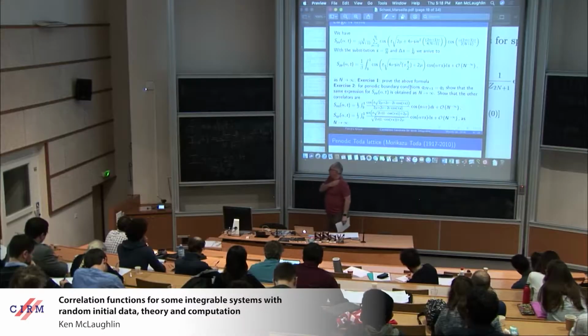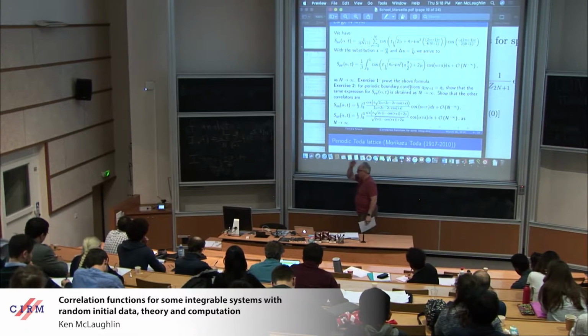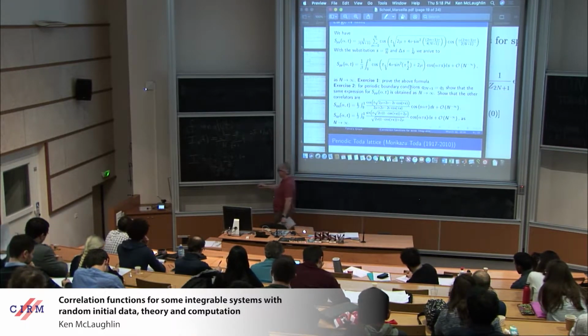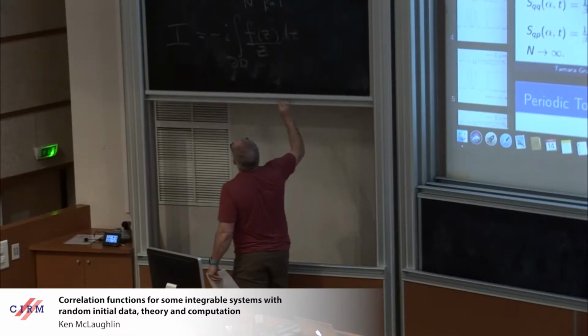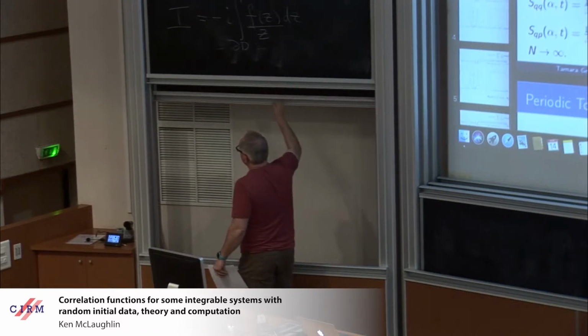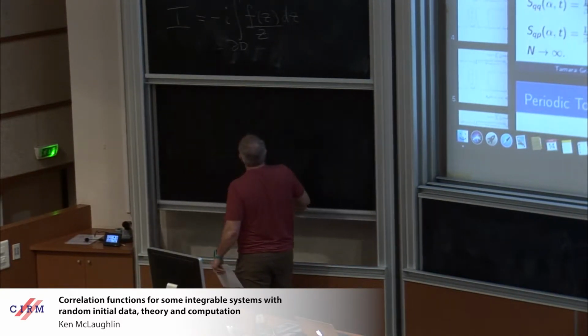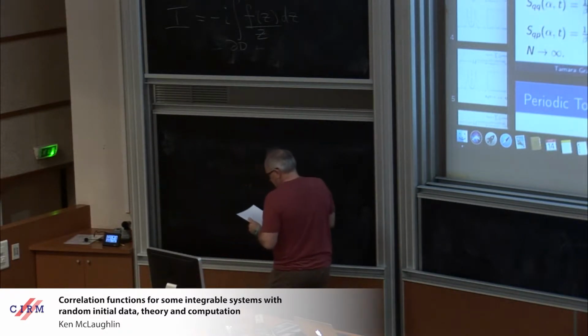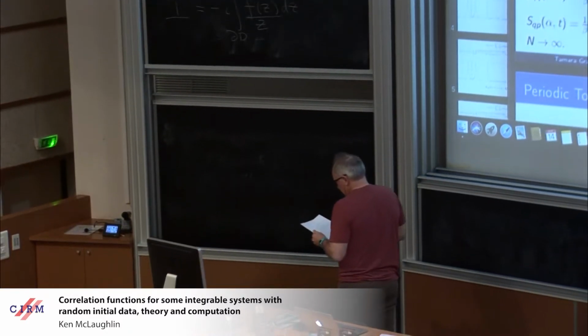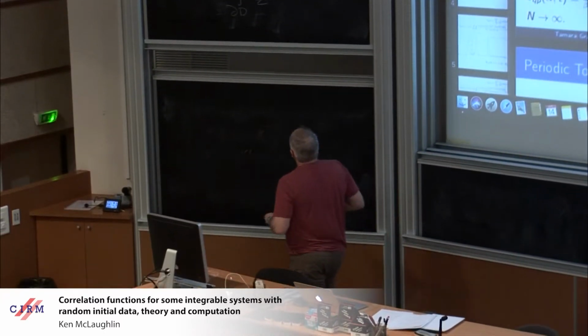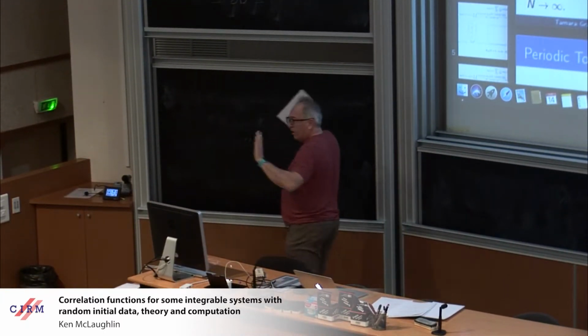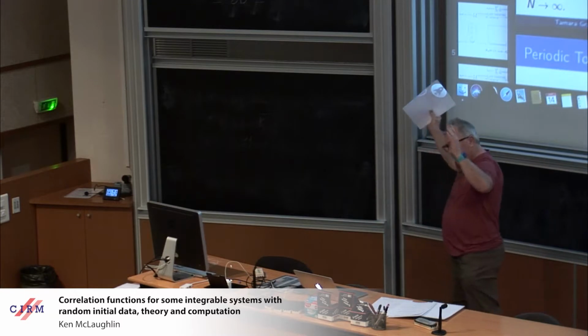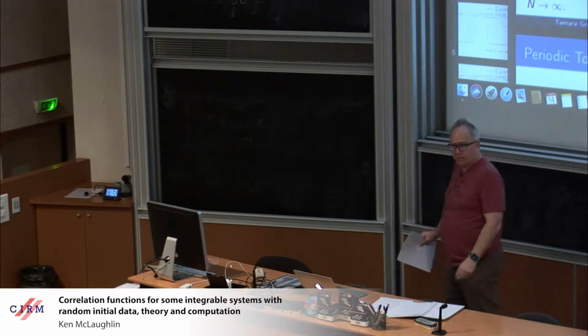Okay, that, it turns out, is what this series converges to. So I want to assume that I'm not worried about domains of analyticity. It's analytic in a big disk, bigger than the circle of radius 1.